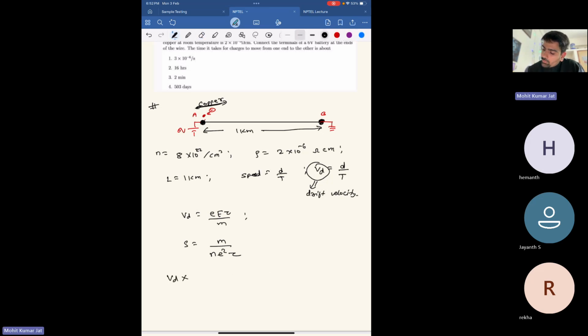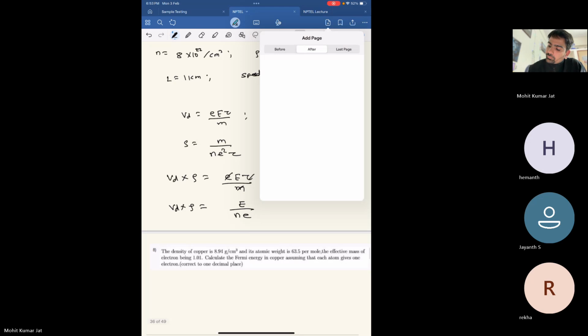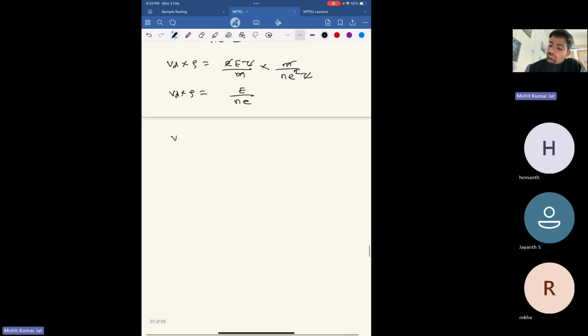So Vd times rho will be eE tau by m times m by n e squared tau. m cancels out, tau cancels out, e also cancels out. So my Vd will be nothing but E by n e rho.